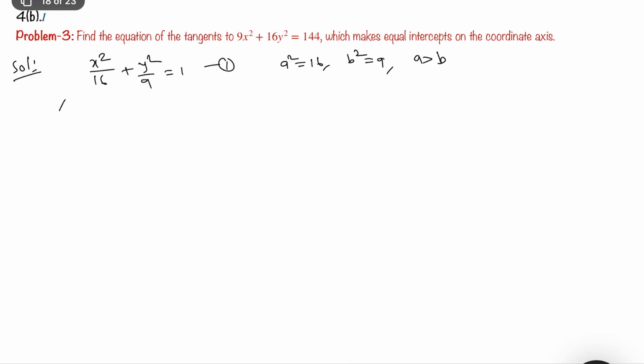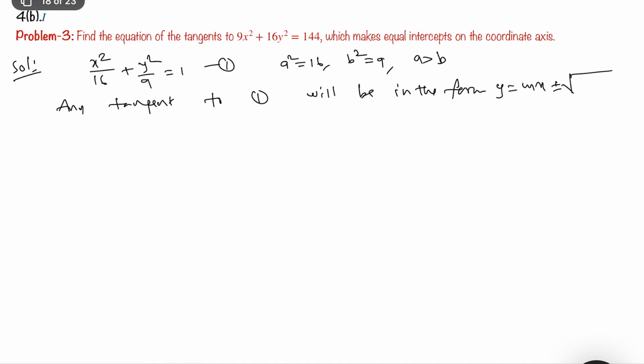So we can write any tangent to 1 in the form y = mx ± √(a²m² + b²). What is a² here? 16, so y = mx ± √(16m² + 9). Let me call it 2.